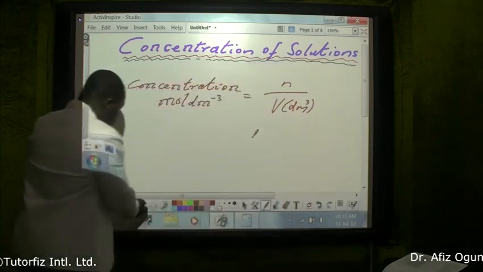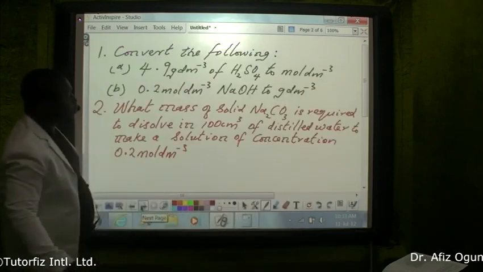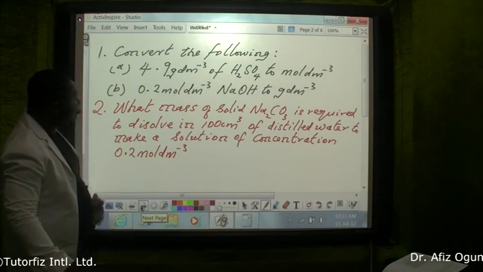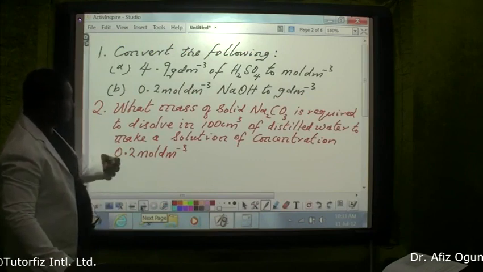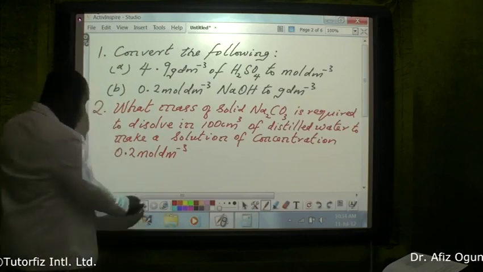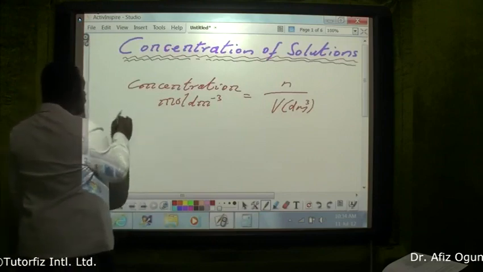The question says, what mass of solid sodium carbonate is required to dissolve in 100 cm cube of distilled water to make a solution of this concentration? We don't know the mass of sodium carbonate we are going to use.